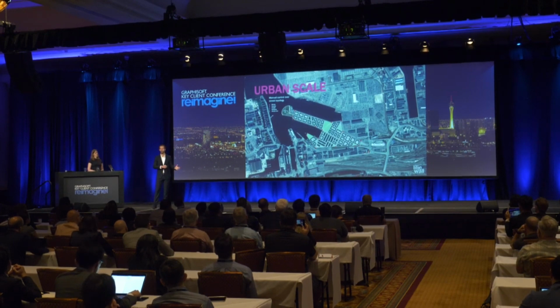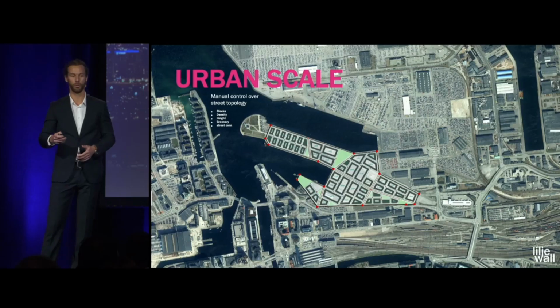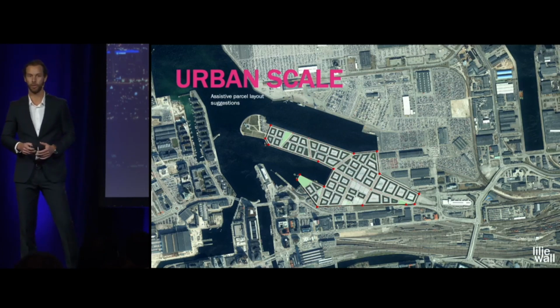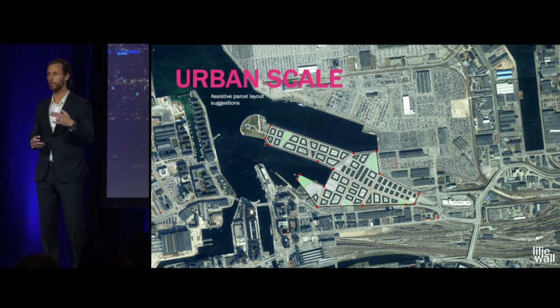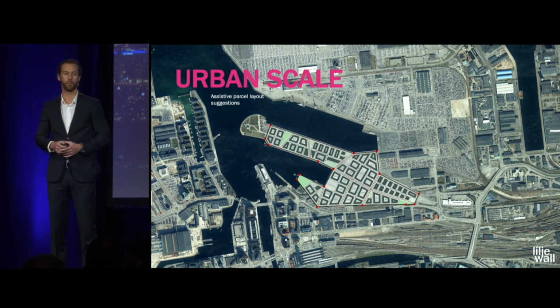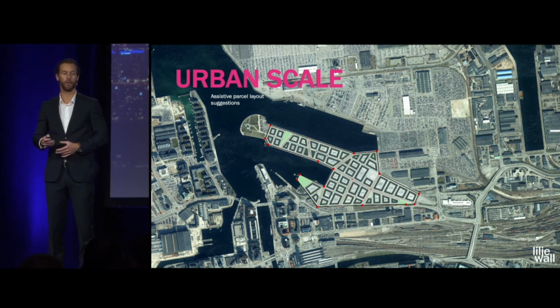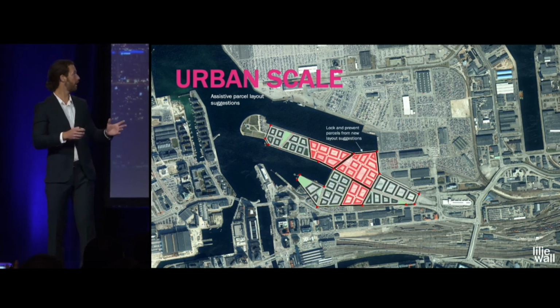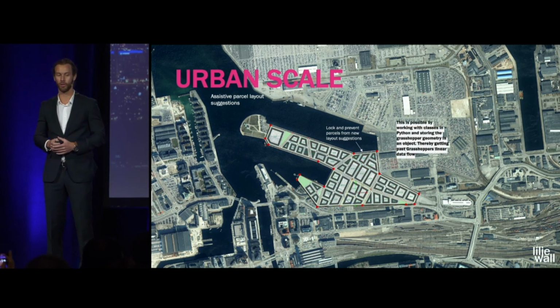Design tasks that maybe would take days to create earlier, now we can do in a couple of minutes just to test out different proposals. The algorithm then generates many different proposals within this. And you can then manually decide, okay, I like the way that block is looking there, so you can manually lock it and then let the computer generate within the other surrounding blocks around it.